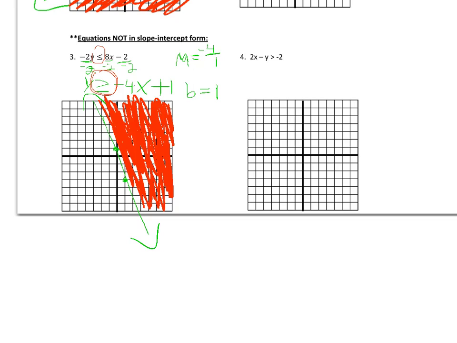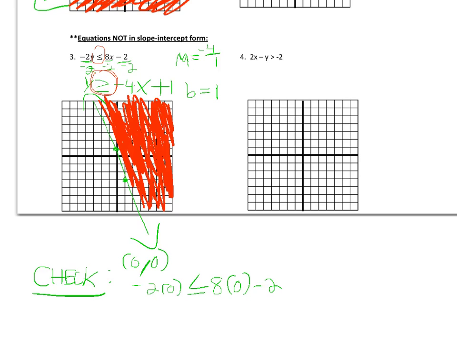You can see the origin. I always like picking the origin. See the origin here? It's not in the shaded region. Now to check it, I'm going to plug 0 in for y and 0 in for x. So if I plug 0, 0 in, it's going to become -2 times 0 is less than or equal to 8 times 0 minus 2.